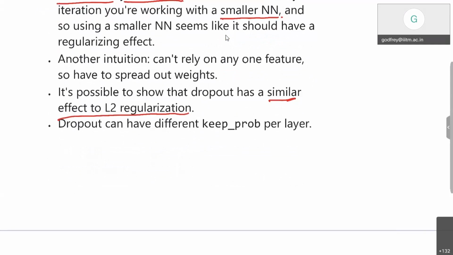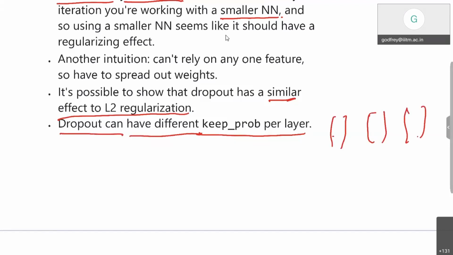Another important thing is that you can have different keep_probs for different layers. It means that in each layer, since you may have several layers in a neural network, you may have here a keep_prob of 0.8, maybe 0.5, 0.9, and so on.